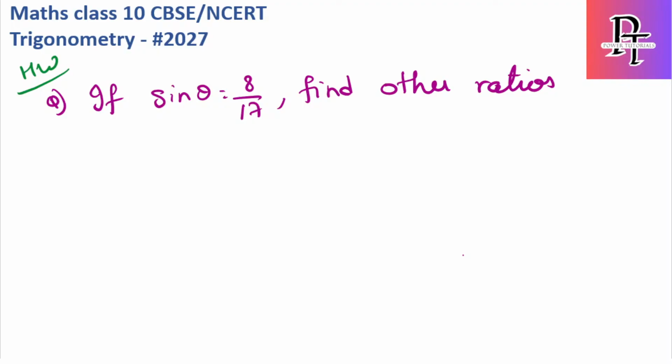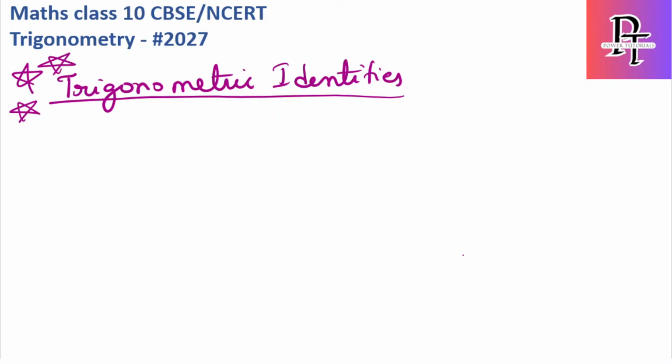Okay, now let's move to the last topic for today. This is trigonometric identities. So in maths, that is in trigonometry, we have 3 trigonometric identities. The first one is sin square theta plus cos square theta is equal to 1.